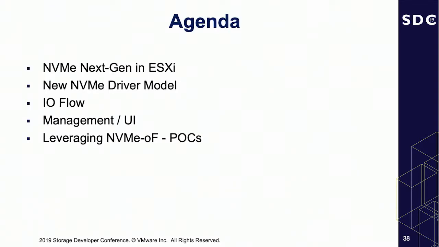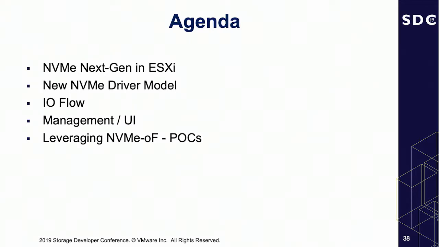All right, the agenda. I'd like to introduce the NVMe next-gen stack that we are developing in ESX. This was, like I mentioned, mainly to adopt to the NVMe fabrics requirements. The advantages of going to this new model, I'll walk you through the benefits that we realized.